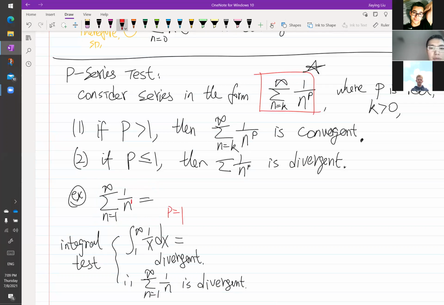If P equals 1, we look at the second line, which says if P is less than or equal to 1, the series is divergent. Because P equals 1, it's in the divergent part. So therefore, the series is divergent. It's a lot quicker to make the conclusion.